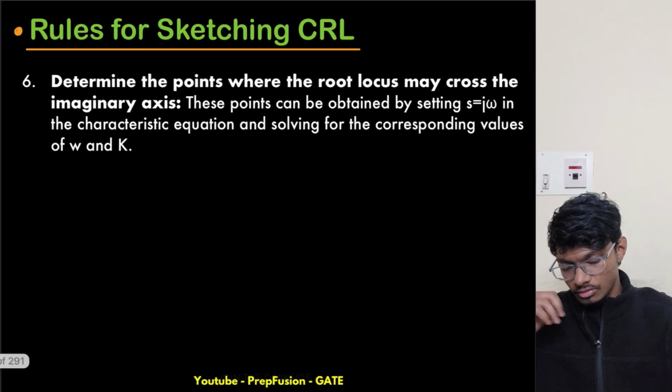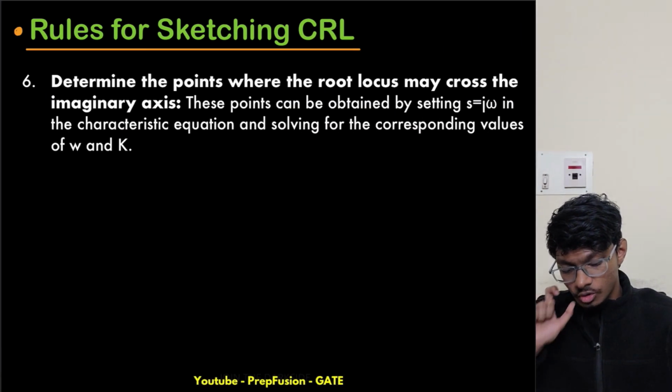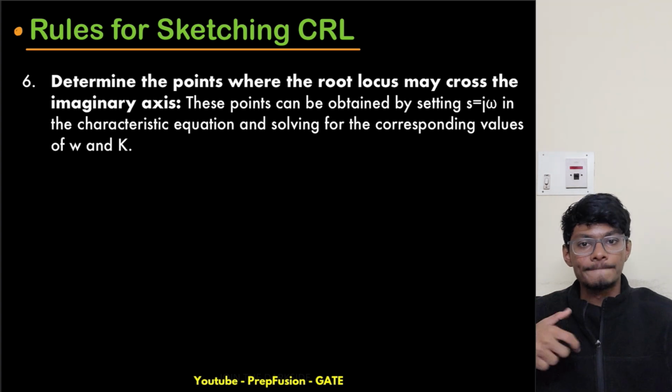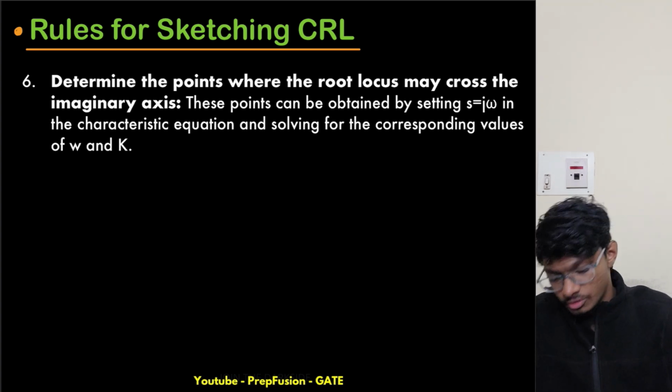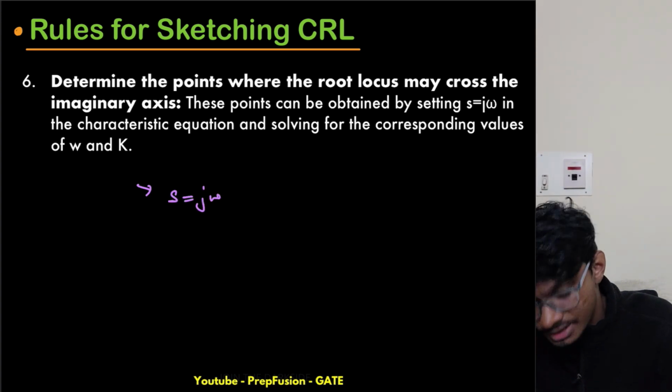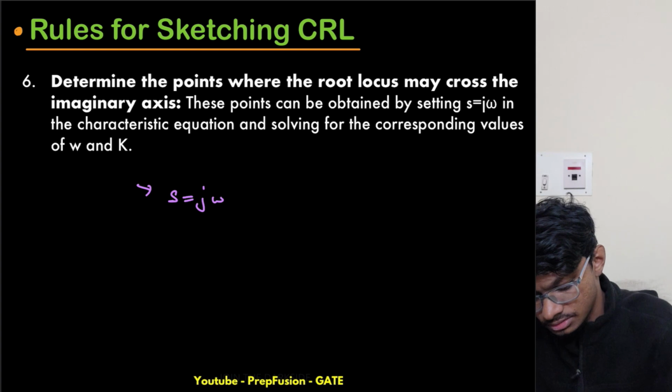Now what about the crossover points? In crossover points, what did we used to do? We used to put s equals to j omega. Now if we put s equals to j omega, does this use the angle condition? No, right?